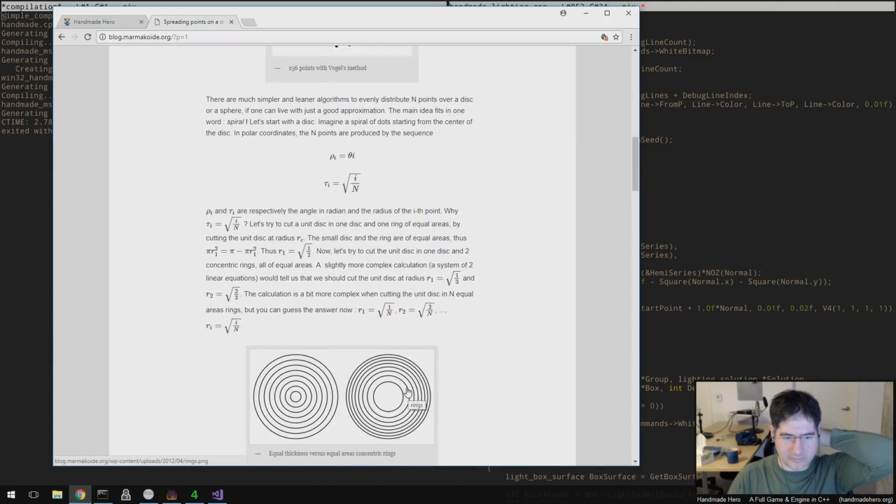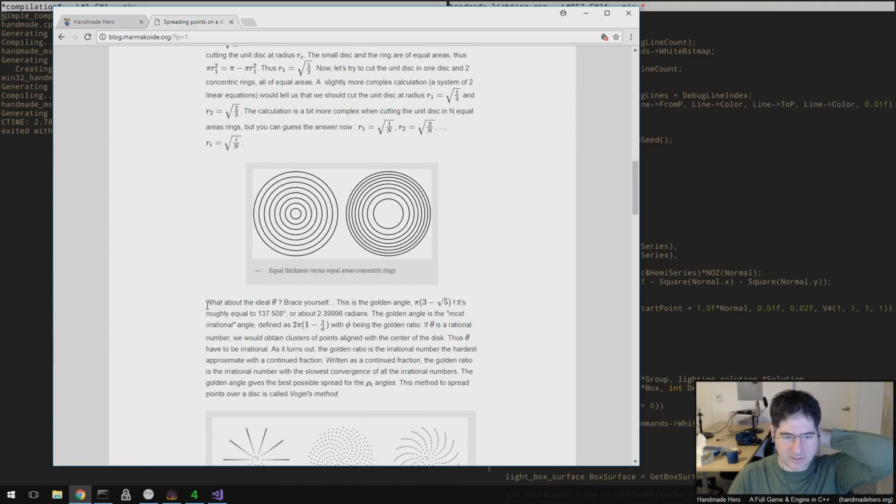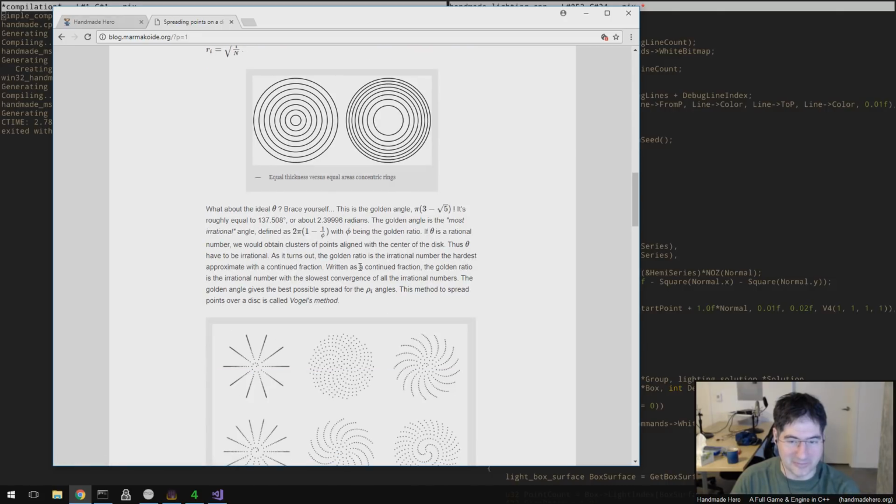I don't actually see them say that. Here we go. So figuring out the ideal angle coefficient, right? They're saying this is the correct number of radians to use. It's the most irrational angle, I guess. I'm not sure what that means. But I'm sure that if Pseudonym73 were here, he would be able to tell us.